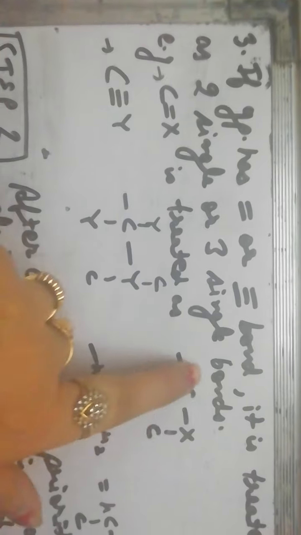And the third sequence rule is, if a group has a double or triple bond, then it is treated as 2 single bonds or 3 single bonds. For example, C double bond X is treated as C single bond X. This carbon will be treated as bonded to 2 X atoms, and X will be treated as bonded to 2 carbon atoms.